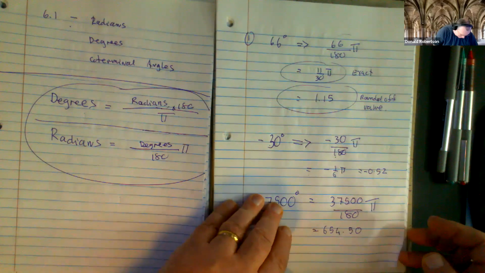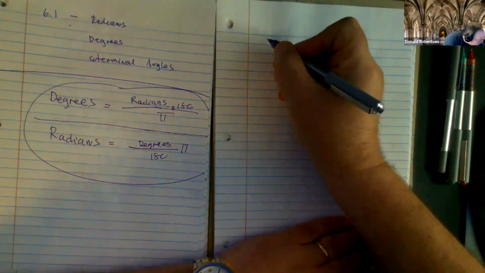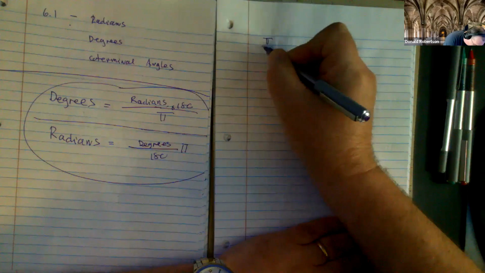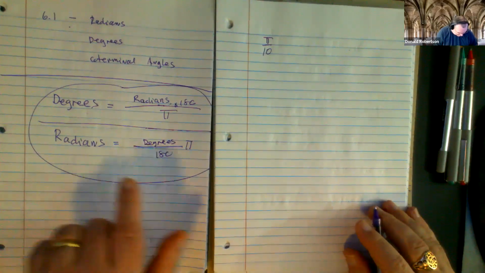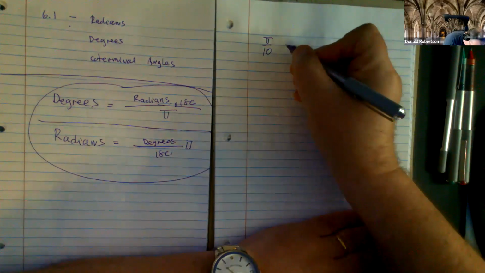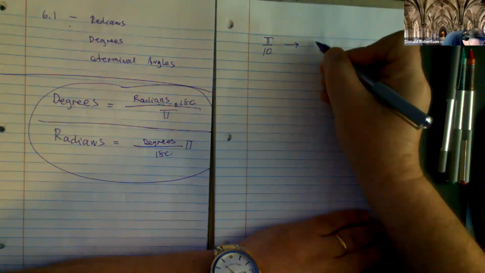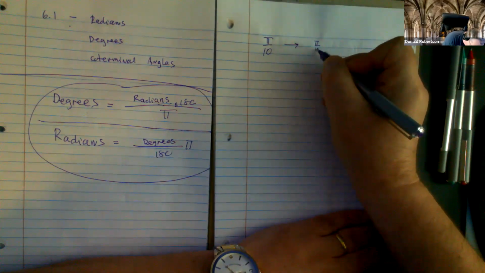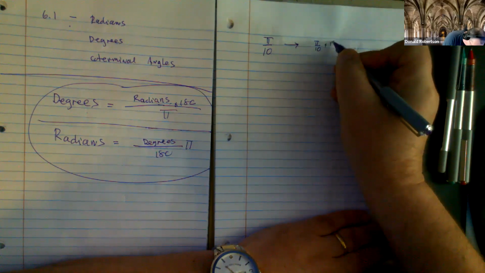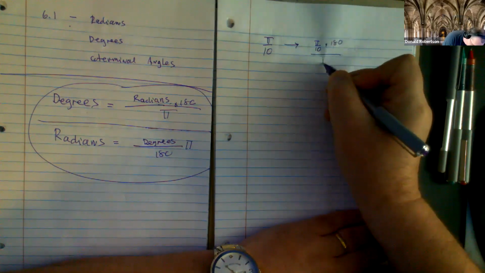So let's go the other direction. Suppose I had pi over 10 and I want it to be converted into degrees. Then it would be radians times 180 divided by pi.